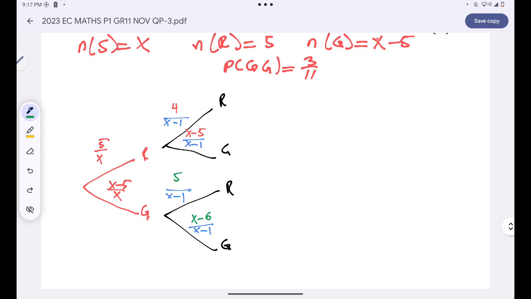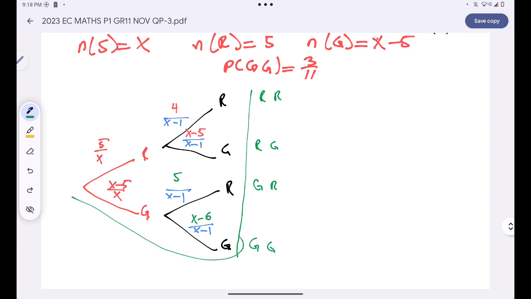And then we are told that the probability that both of the balls are green is equal to 3 over 11, right? Okay, let me write the outcomes. We have red and red, then red and green, then green and red, and then green and green.